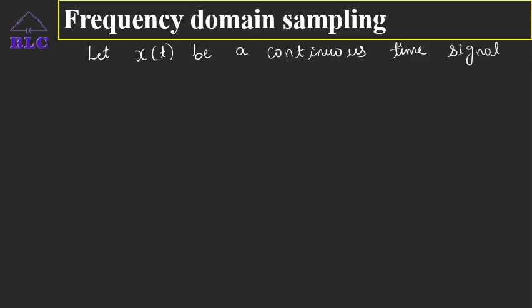The Fourier transform of continuous time signal x of t is given by X of omega. Here this is a lowercase omega.